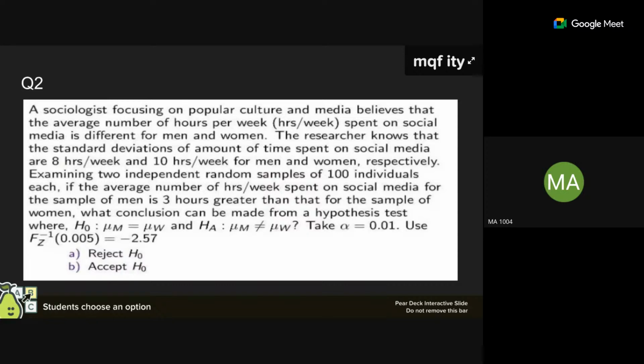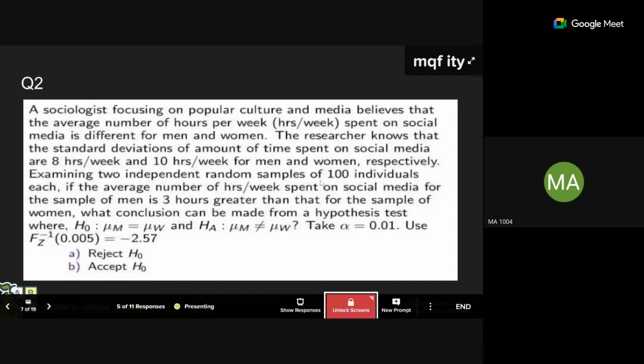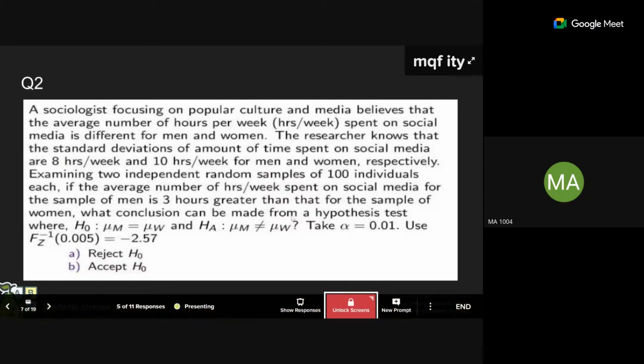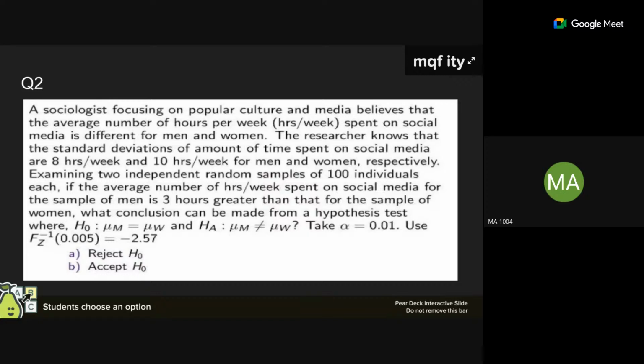Fine. Examining two independent random samples of 100 individuals each. That means they have taken, like examined, 100 men and 100 women. They got to know that the average number of hours per week spent on the social media for the sample of men is 3 hours greater than the sample of women.